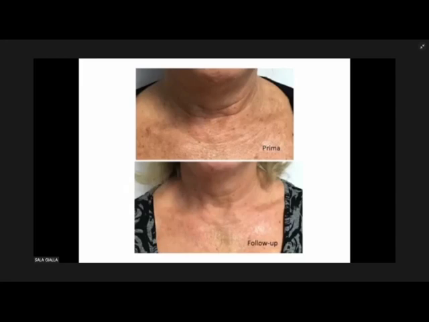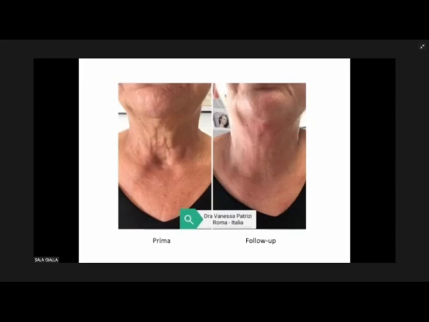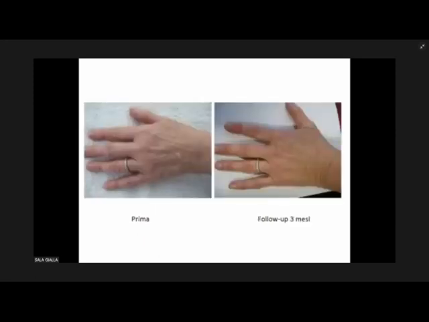And again, you see before and after. It depends, of course, on the type of patient, the client that undergoes treatment. The skin's quality improves also on the neck and hand.